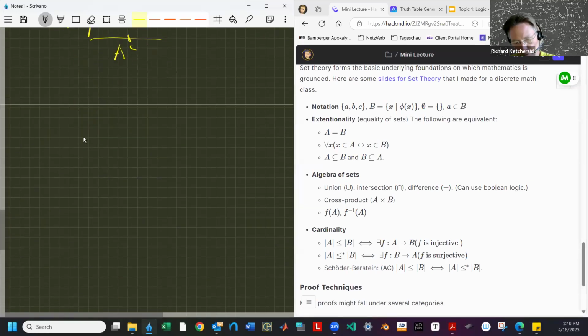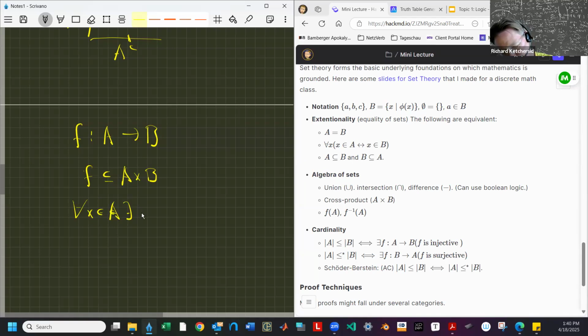And then of course we have the notion of functions, right? f going from A to B. I'm going through this fast because you probably all teach this in algebra classes. This basically means f is a subset of A cross B as a relation, and it has the property that for all x in A, there is some y in B such that f(x, y).